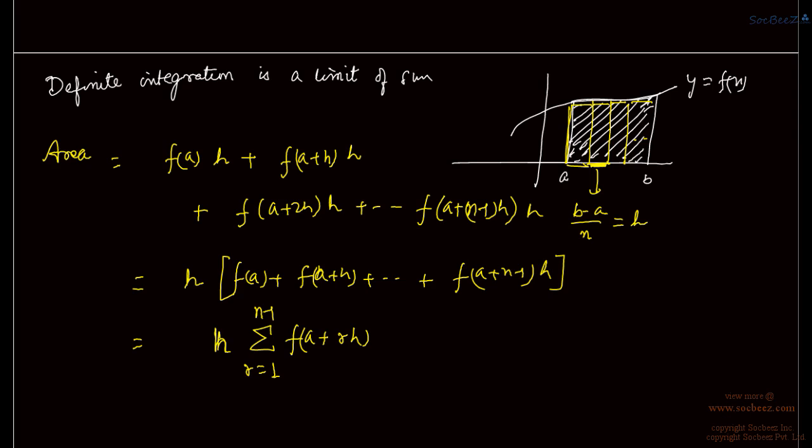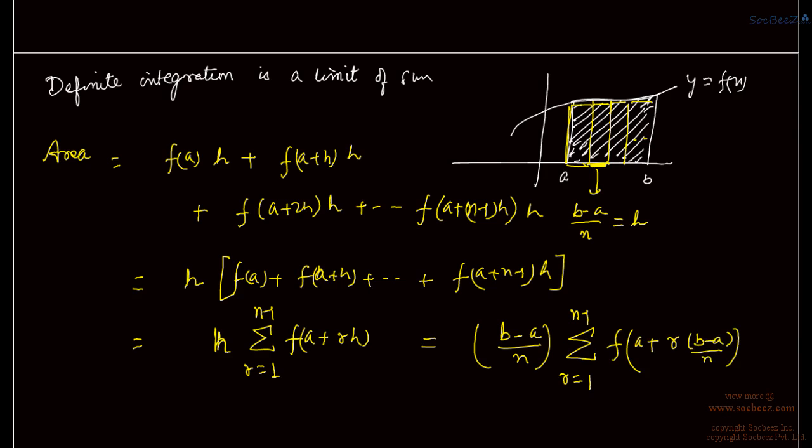Now h is (b minus a) upon n, so this can be written as (b minus a) upon n, summation over r, of f(a plus r into (b minus a) upon n). Now if n tends to infinity, the number of rectangles tends to infinity, then this will give the area of the region bounded by the curve, x equal to a, x equal to b, and the x axis itself.